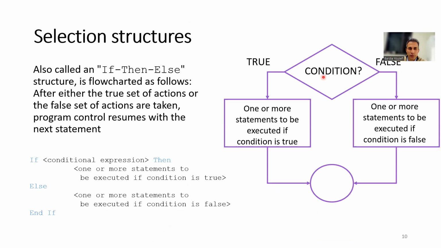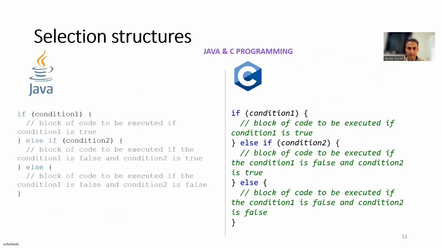If the condition is true, one or more statements will be executed. Alternatively, if the condition is false, there will be alternative statements to be executed. This is represented in algorithmic form with the flowchart and in pseudocode syntax.